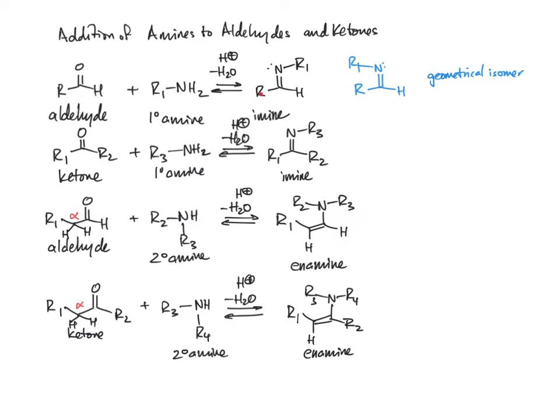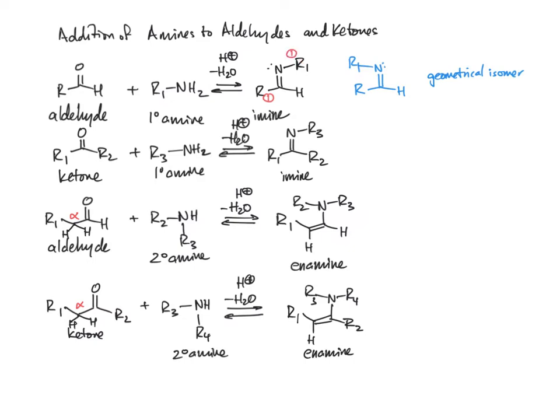We have carbon versus hydrogen. Carbon has a higher atomic number, so that's going to get the number 1 priority. Then on the nitrogen, whatever this group is, carbon most likely is going to have higher priority than a lone pair, so this will get 1.